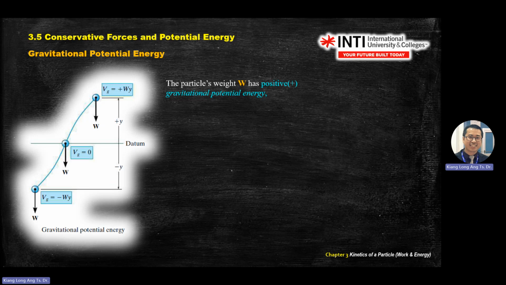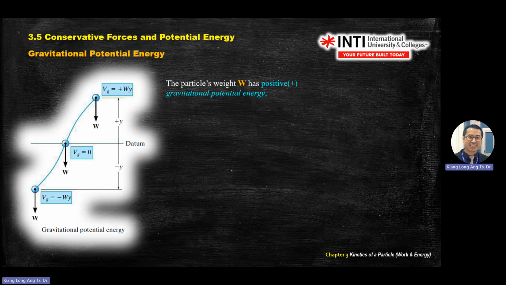So by paying attention to the datum, if the object is above the datum, you will get positive potential energy, where mgh is positive. If the object starts from below the datum, you will get negative potential energy because the h is negative from the datum. And if the object is on the datum, there's no potential energy.